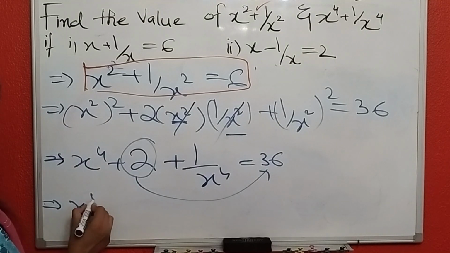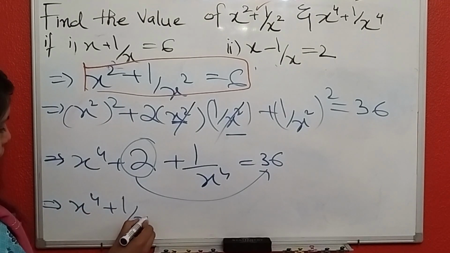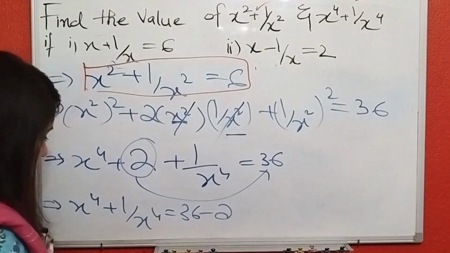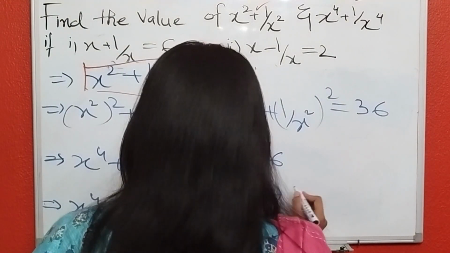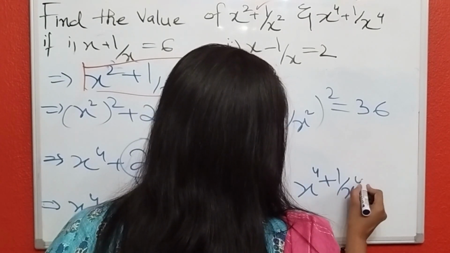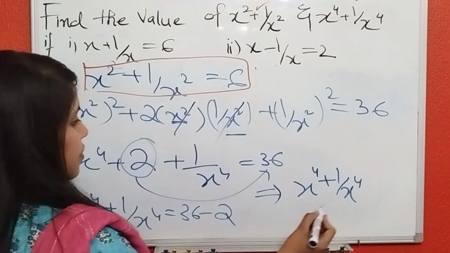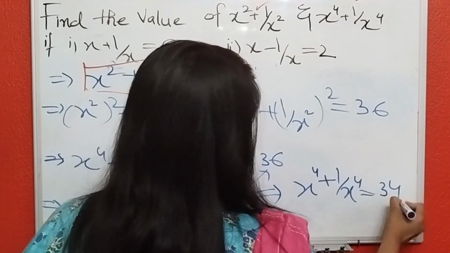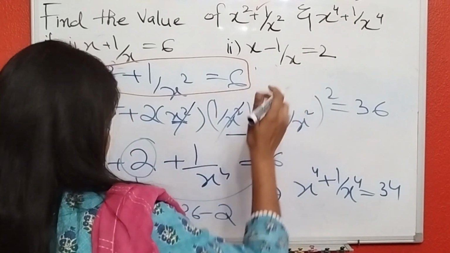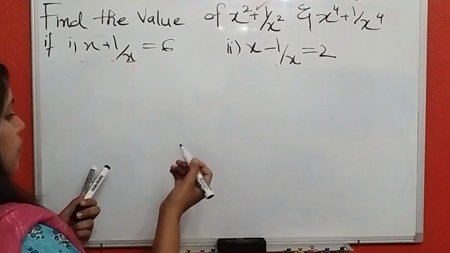So x power 4 plus 1 over x power 4 is equal to 36 minus 2. And now the answer is x power 4 plus 1 over x power 4 is equal to 36 minus 2 is equal to 34. So this is the answer of this value according to this question.